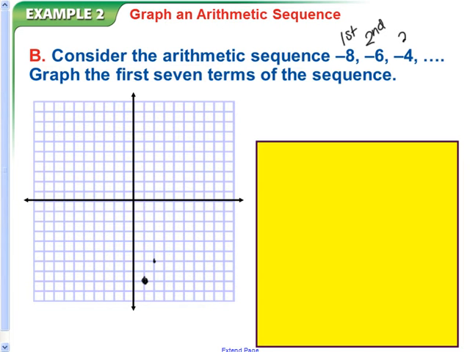This one is the third term, so we go over 3 and down 4. And so we continue this pattern on, and that's what our graph would look like. Oh, I had to do 7, so 1, 2, 3, 4, 5, 6, 7, 8, 9. I have 2 extras on there I didn't need to do.